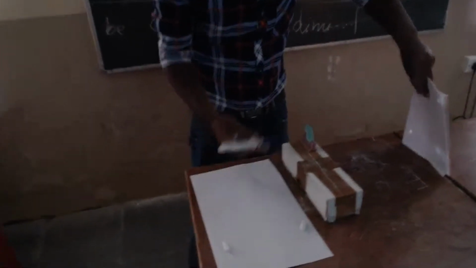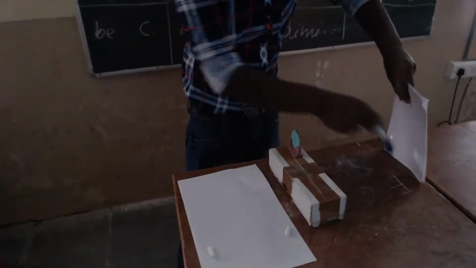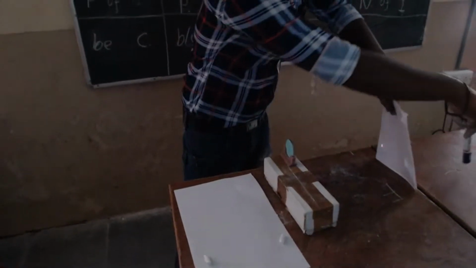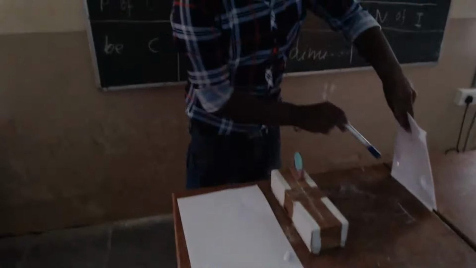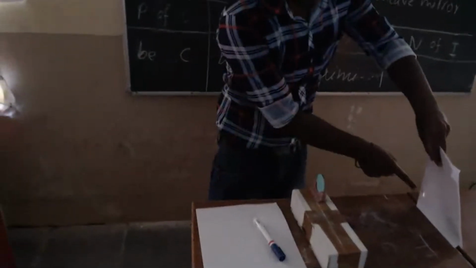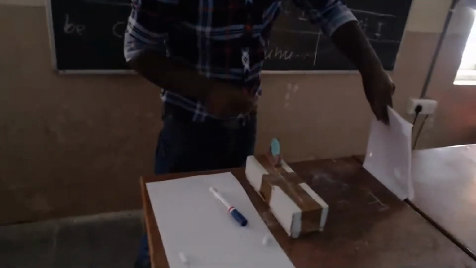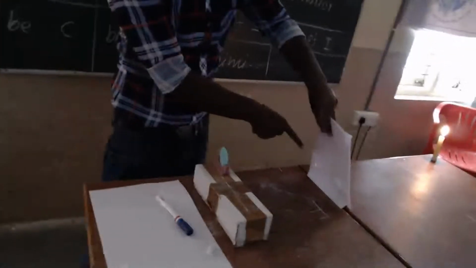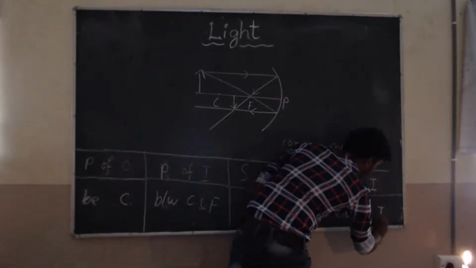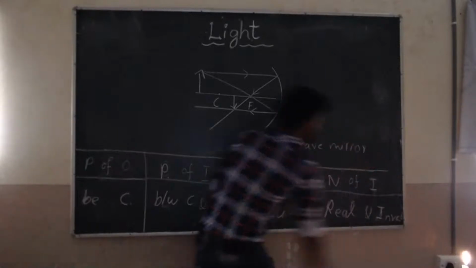See here, I'm getting the image here. See, now this is F and this is C here. Okay, so now I'm getting here the image of the object. We are getting that image on the screen, right? So that's why the nature of the image is real here and it is inverted.